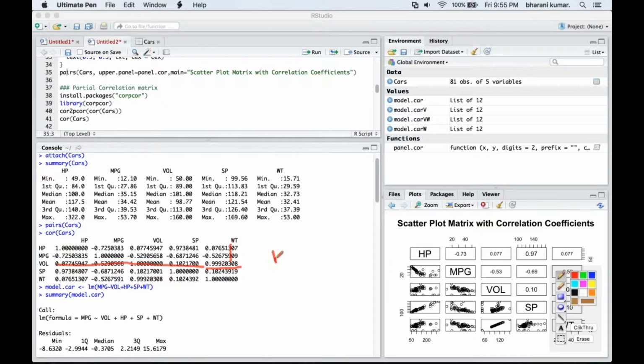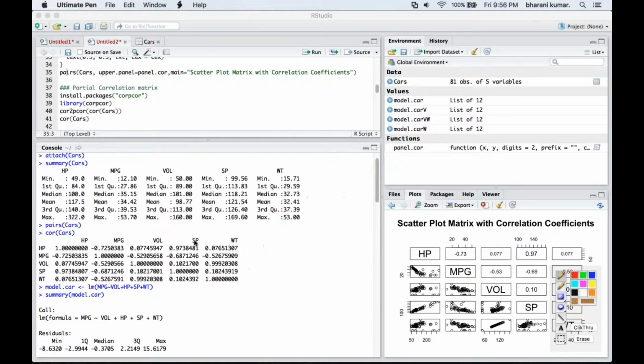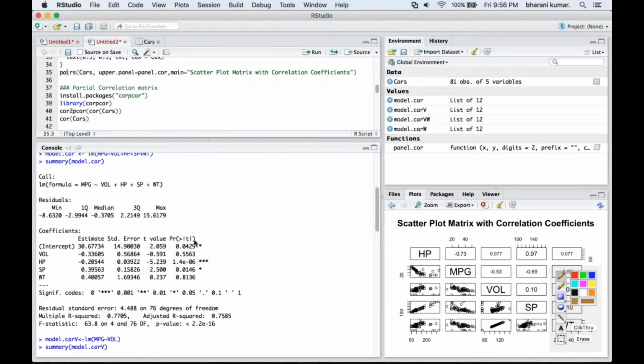Though we are looking into the correlation between weight and volume, which is 0.99, there will be some influence of horsepower on this correlation. There would be some influence of SP on this correlation. There would be some influence of miles per gallon on this correlation. If you want pure correlation between these two, by excluding the dependency or the influence of the other variables, then we go with something called as partial correlation coefficient.